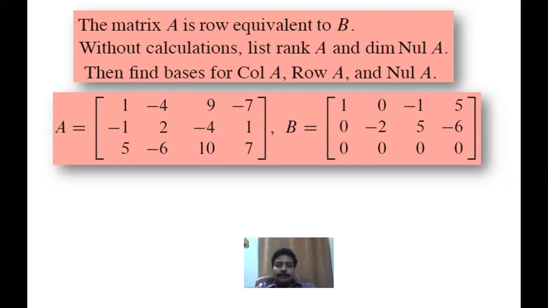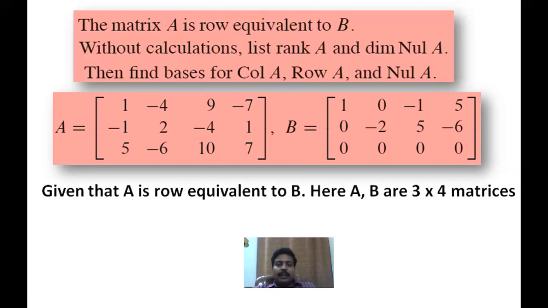So here this 1 and -2 are in the pivot positions. So these two, first and second columns of matrix B are pivot columns.